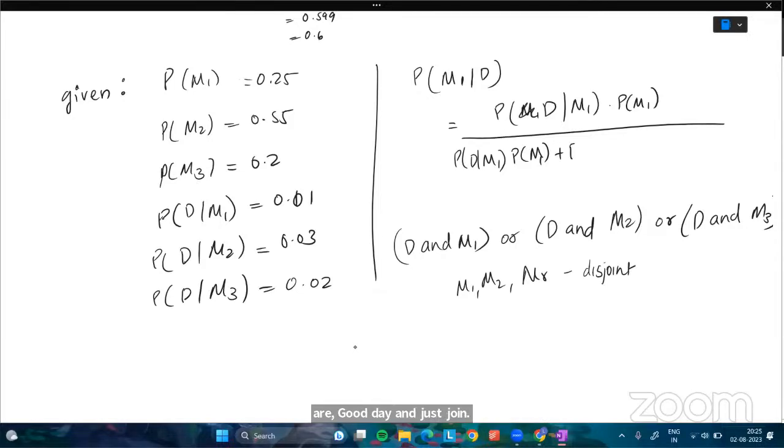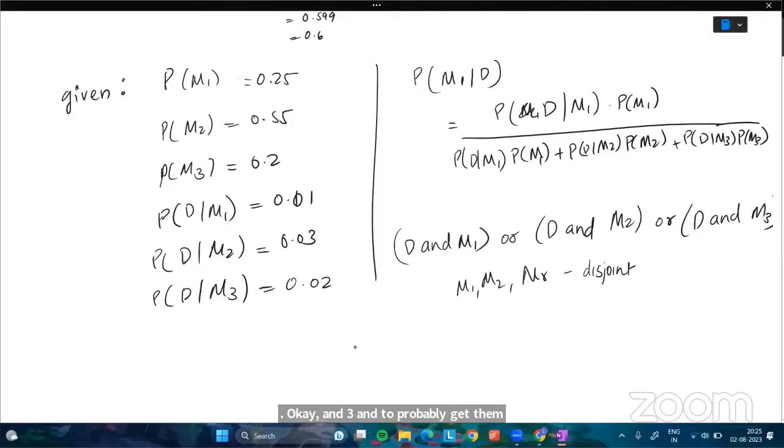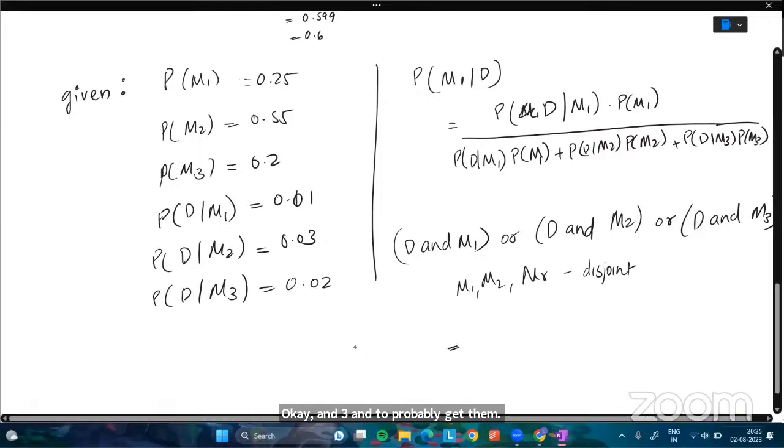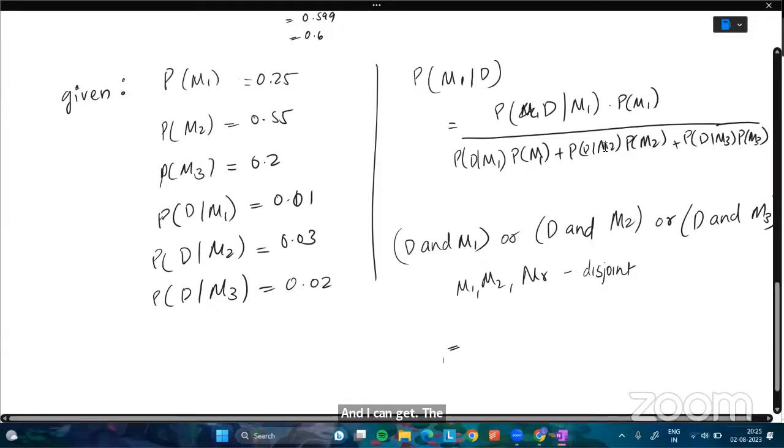So here we can say probability of B given M2 into probability of M2 plus probability of B given M3 into probability of M3. And now I can just replace everything here.